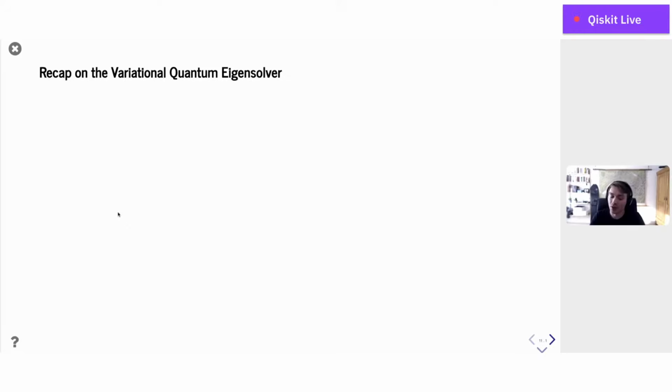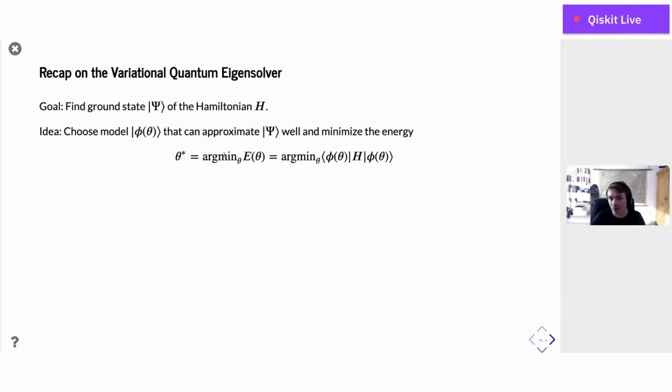Before we solve this now with a quantum algorithm, let's quickly recap the variational quantum eigensolver, because that's the algorithm that we're going to use. So given a Hamiltonian H, the goal of the variational quantum eigensolver, or VQE for short, is to find the ground state psi of this Hamiltonian. And the idea here is that you choose a model, which we call phi of theta, where you can tune these parameters theta.